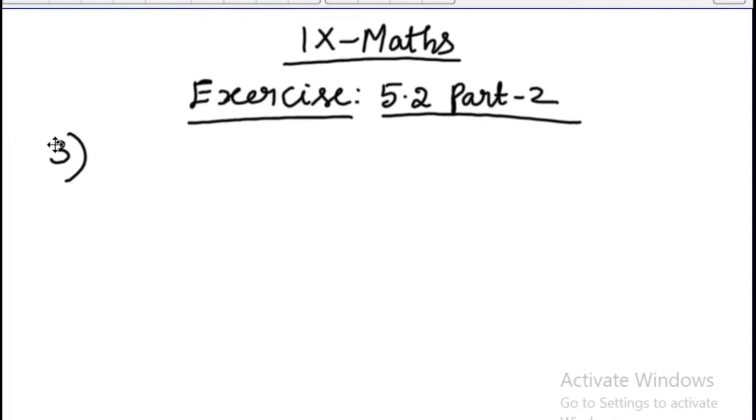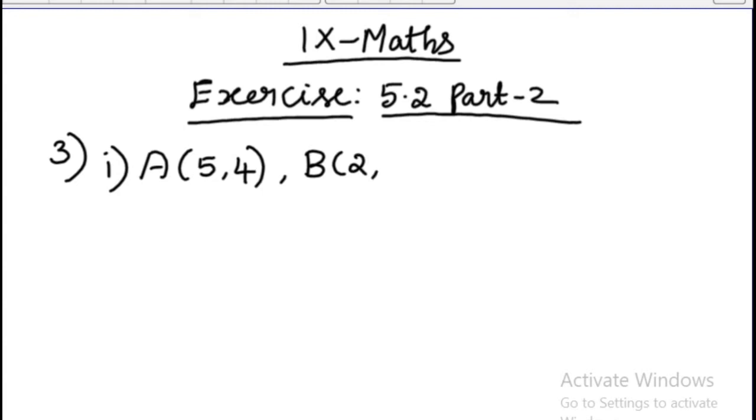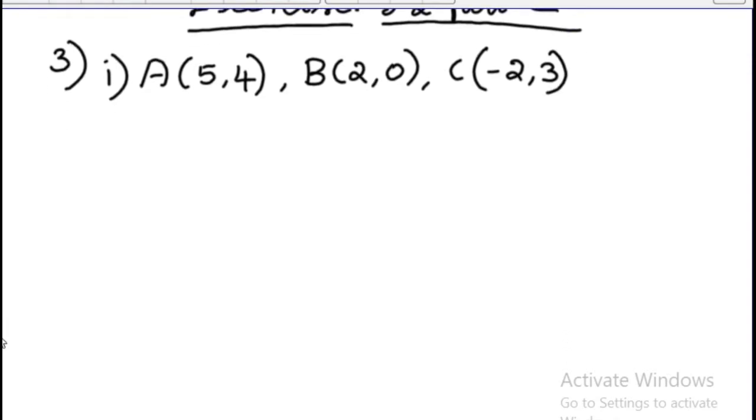Okay. So using the distance formula, the A value is 5, 4. Then B is 2, 0 and C is minus 2, 3. So we want to find the distance.